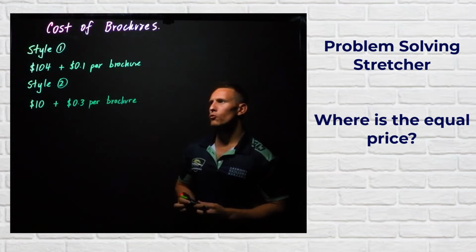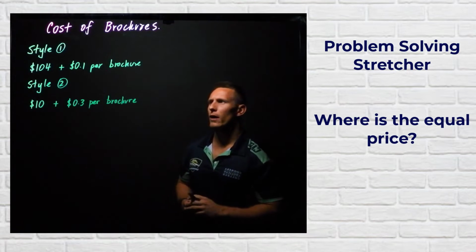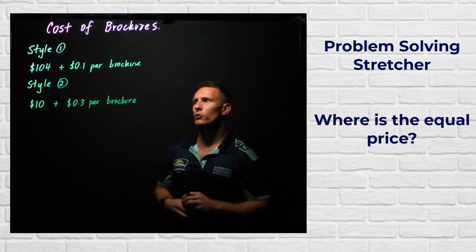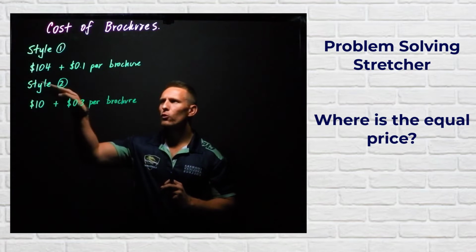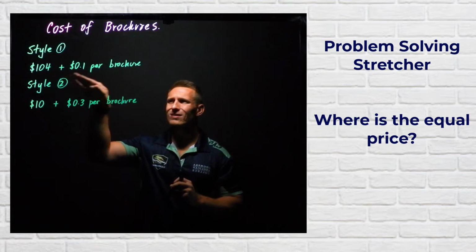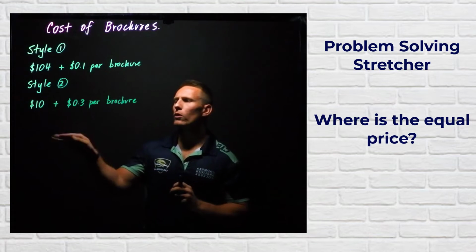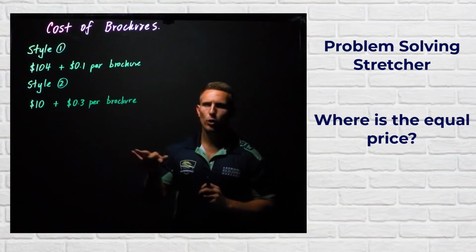Okay, so for this particular problem, we are looking at two different styles of brochures, and the cost of what it would be to print those brochures. For style 1, we're told that it's $104 plus 10 cents for each brochure. For style 2, it's $10 plus 30 cents per brochure.